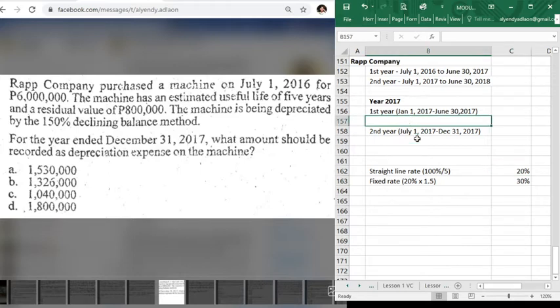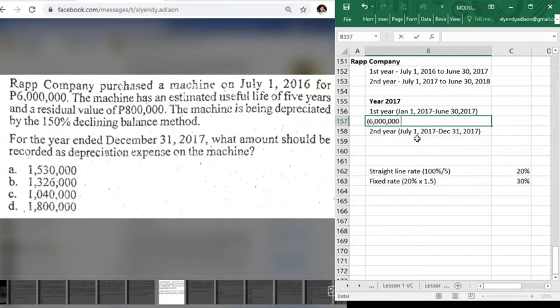So for the first year, the carrying amount was 6 million. Okay, 6 million. Now, kung natandaan ninyo naman tayo residual value, di ba? So, class, dili na nato i-deduct ang residual value sa pag-compute sa depreciation.